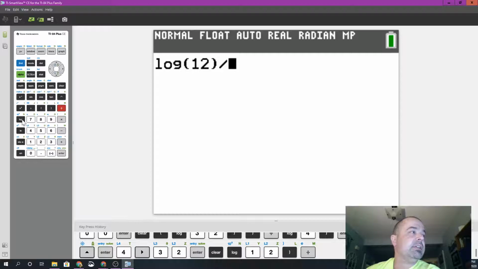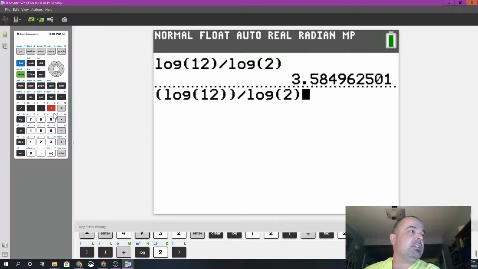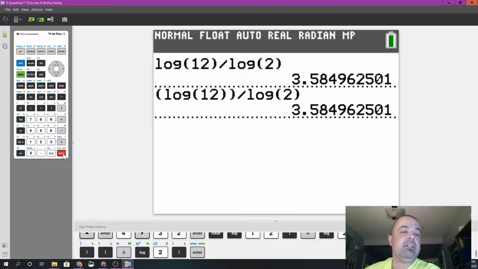So, alright, let's make sure that it did my order of operations right. It's telling me that it's 3.6 basically. So I'm going to do it the way I did it before. I'm going to put the log of 12 in parentheses completely to say, hey, make sure you do that first. And then I'm going to do log of 2 and close the parentheses. Okay, and we get the same answer. So it is working out the order of operations correctly. You just want to make sure that that is going to be true and that that happens, okay?